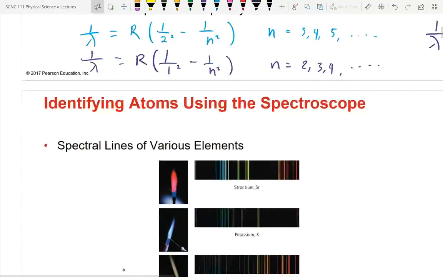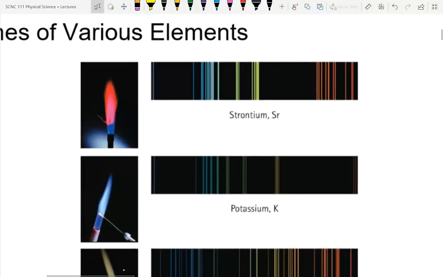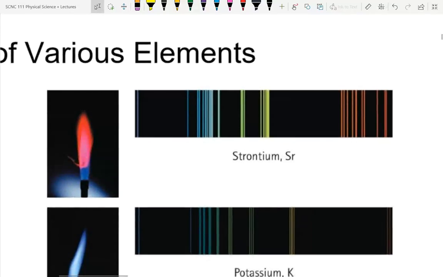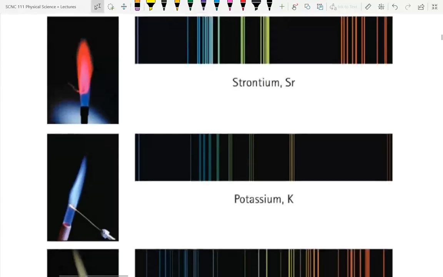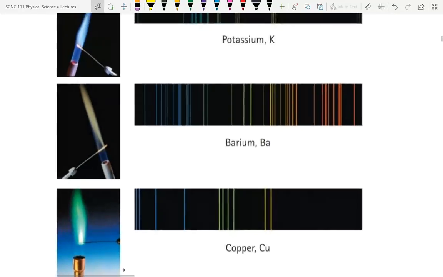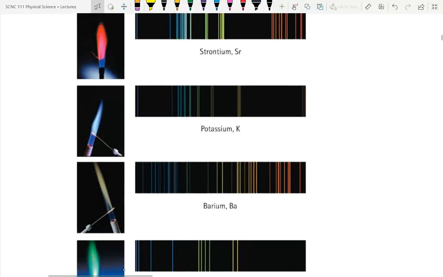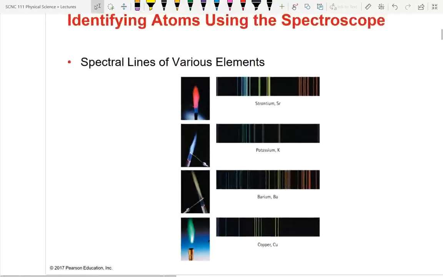And so studying it, by the way, here are pictures of the spectra you see if you look at different elements. So there's strontium spectrum, potassium, barium, copper. They're all different spectra, which give you different colors for the material when it's in a flame.